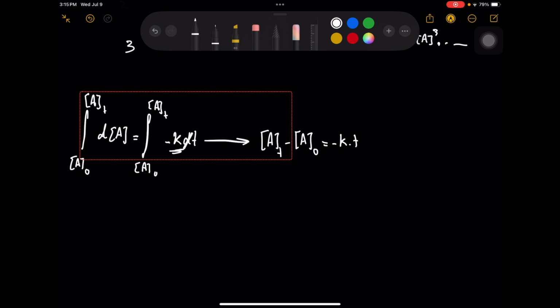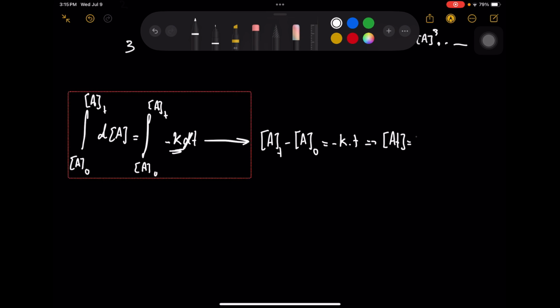And okay, now we can rearrange it. So the concentration of A at t is equal to negative k t plus the concentration of A at 0. Notice that it's similar to the linear equation, y equals m x plus b.